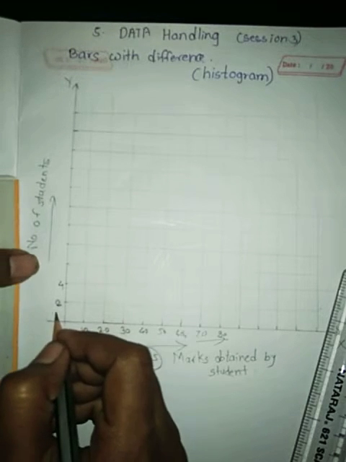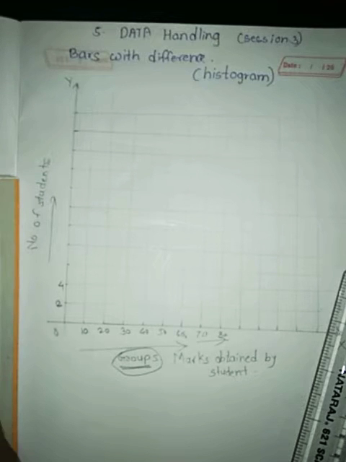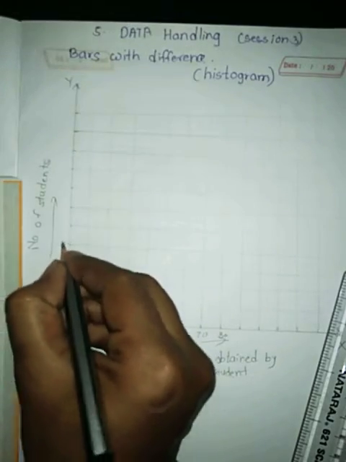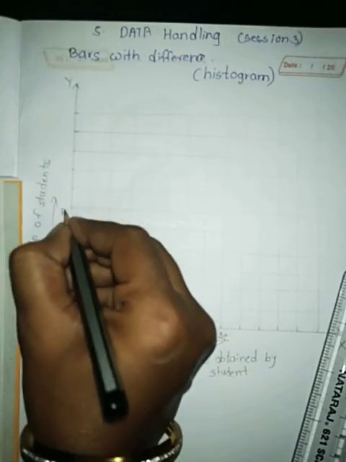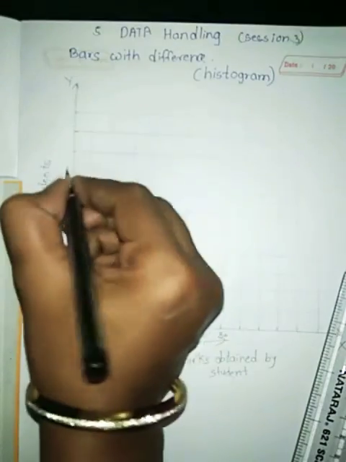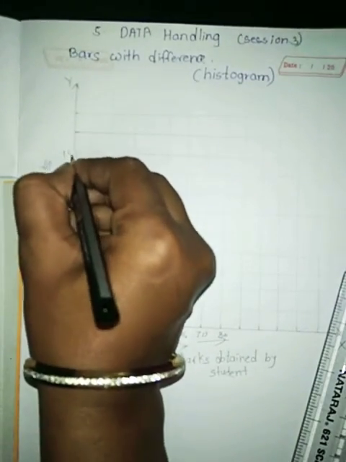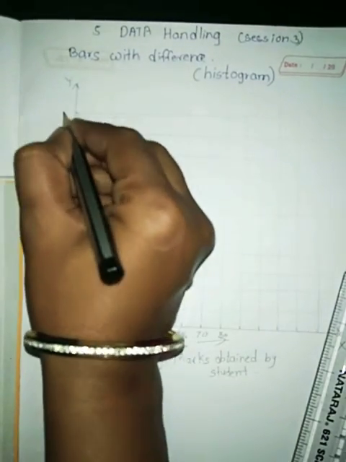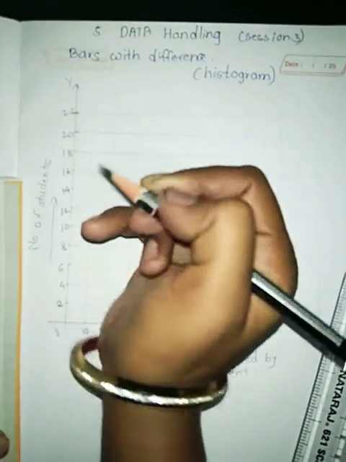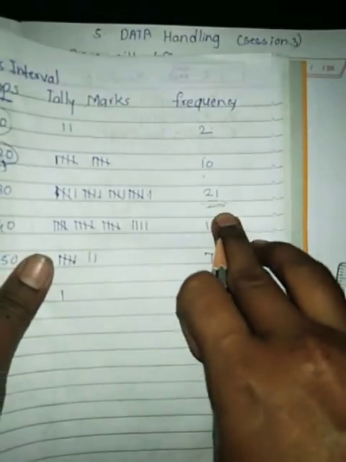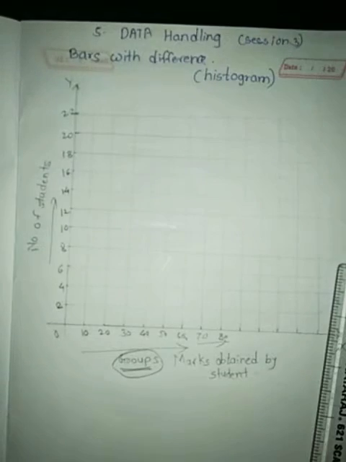You can take 5 also, but 2 is easy, and we have to go up to 21, so 2 is enough: 2, 4, 6, 8, 10, 12, 14, 16, 18, 20 and 22. Up to 21 is the highest frequency here, so 22 is enough.